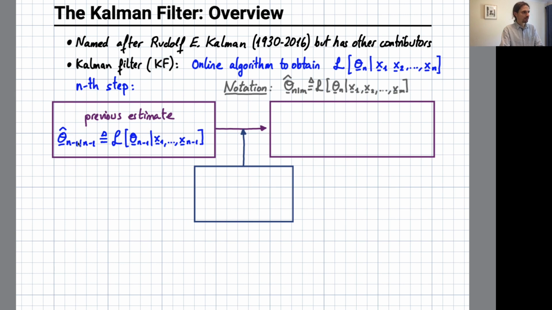We start at the nth step from the previous estimate, the estimate of theta n-1 given the data up to time n-1, and we combine it with the data that we receive in this nth step to obtain the next estimate, which will now be the estimate of theta n given data up to time n. So given this data and this data.